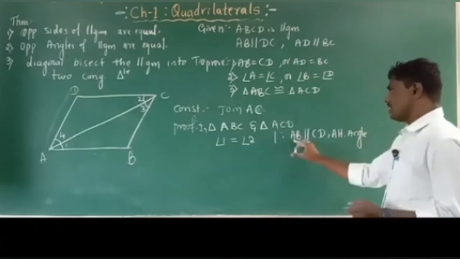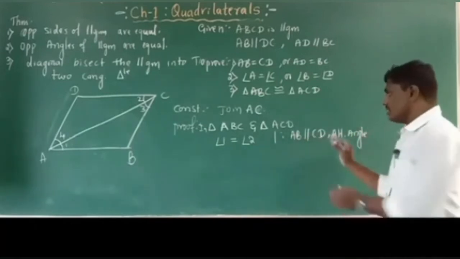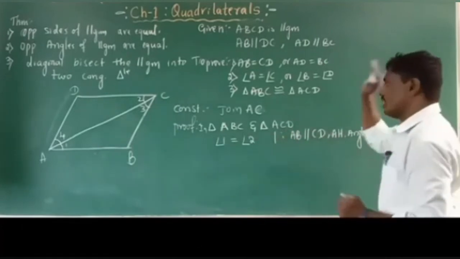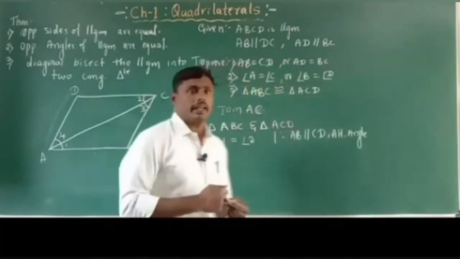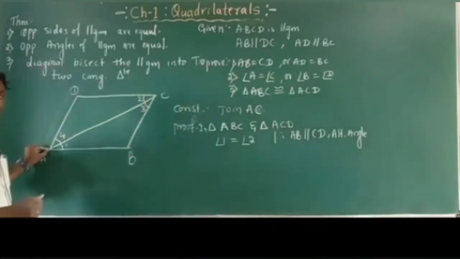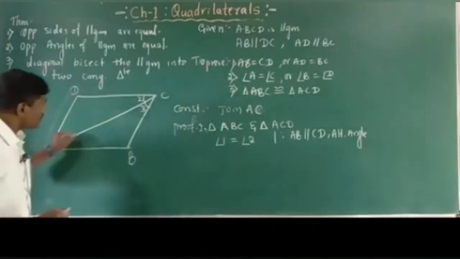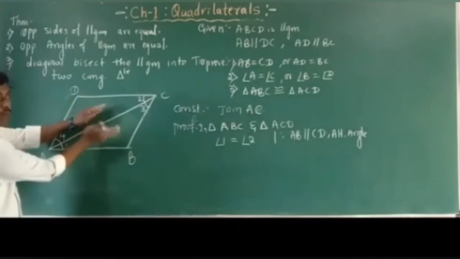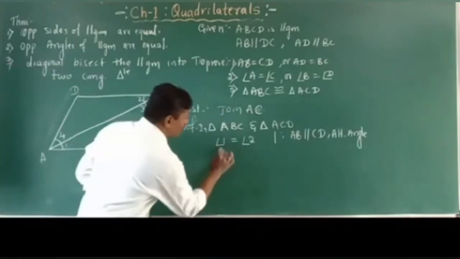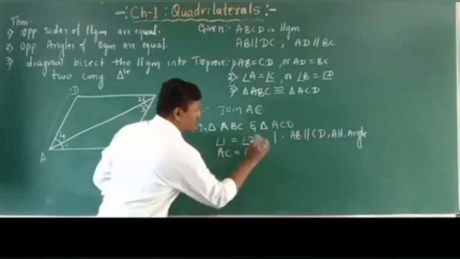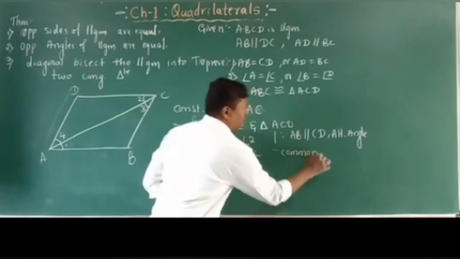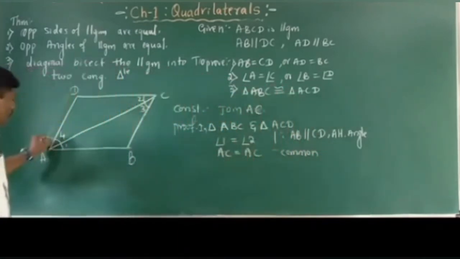Next, AC is the common diagonal, or the common side for both triangles. So AC is equal to AC. Reason: common side.